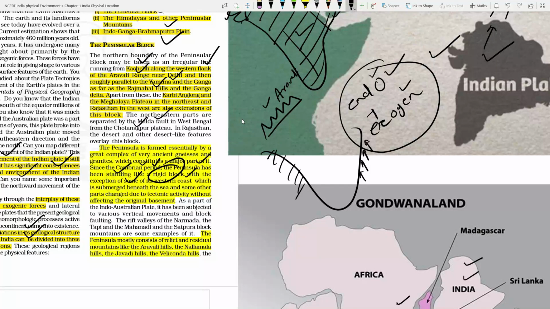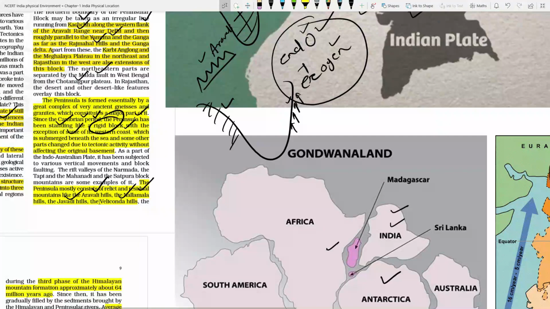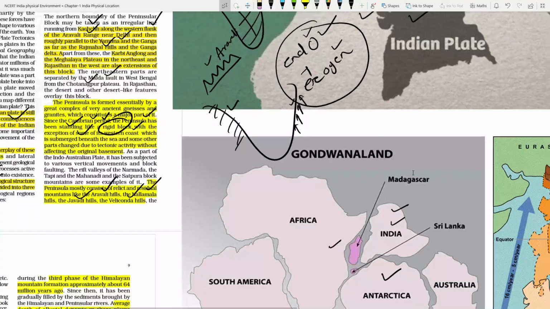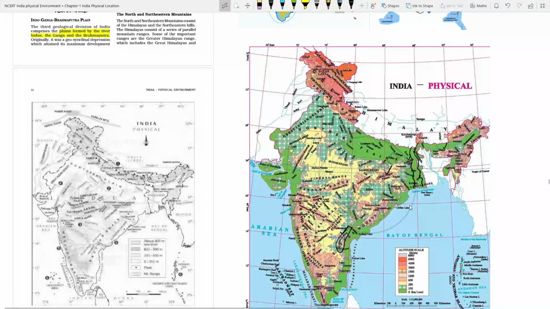Fine. Okay. So as we have understood, this part has been submerged, this part was immersed. ठीक है. And certain hills, Aravalli hills, Nalla Malla hills, Javadi hills, Velikonda hills, these are also part of this peninsular India. So you can see this Nalla Malla hills here, isn't it?